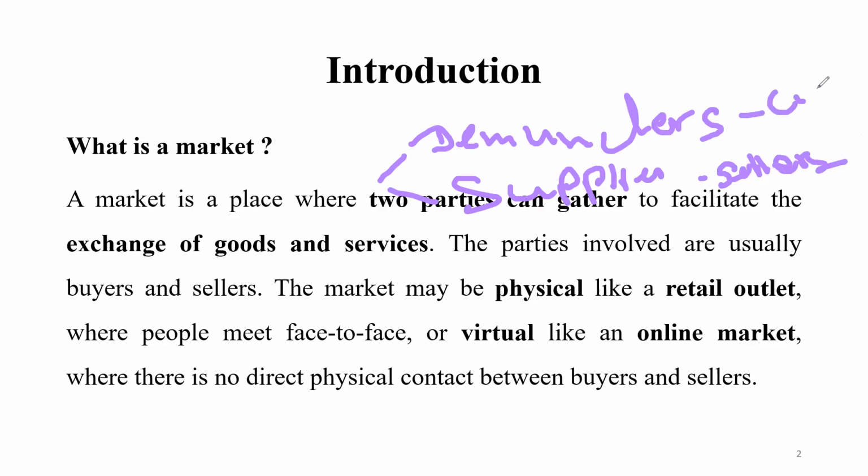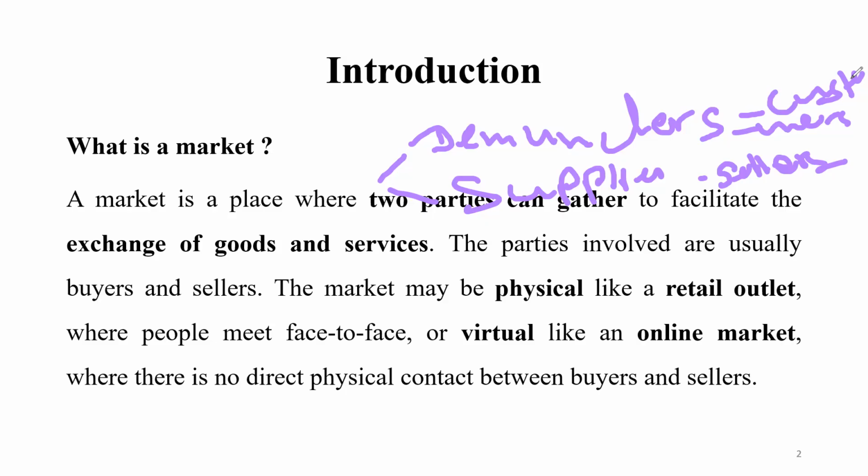The demanders are actually the customers. They gather to facilitate or exchange a good or service. It is a place where two parties meet together and come to a common agreement.